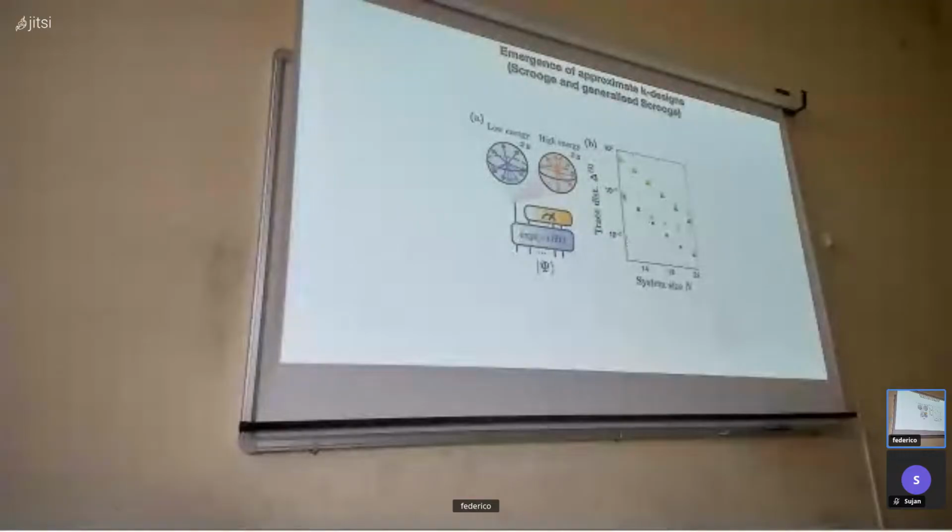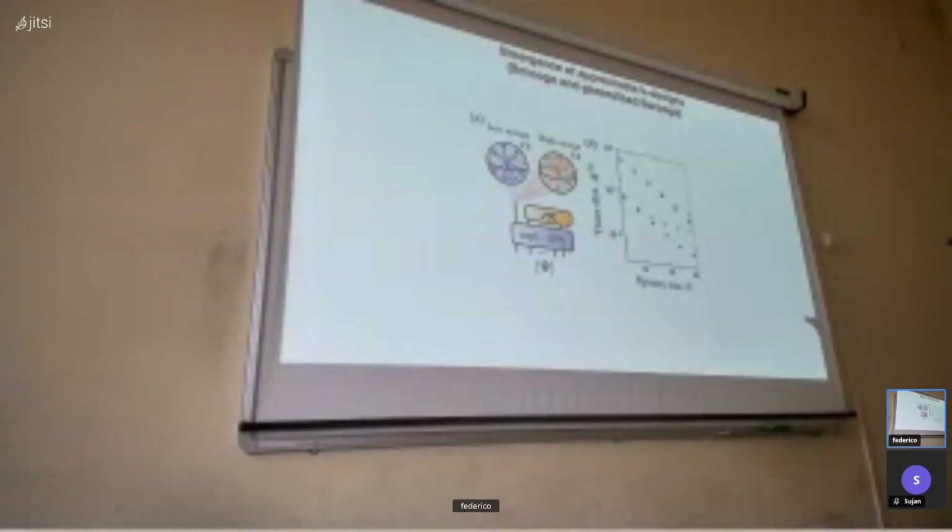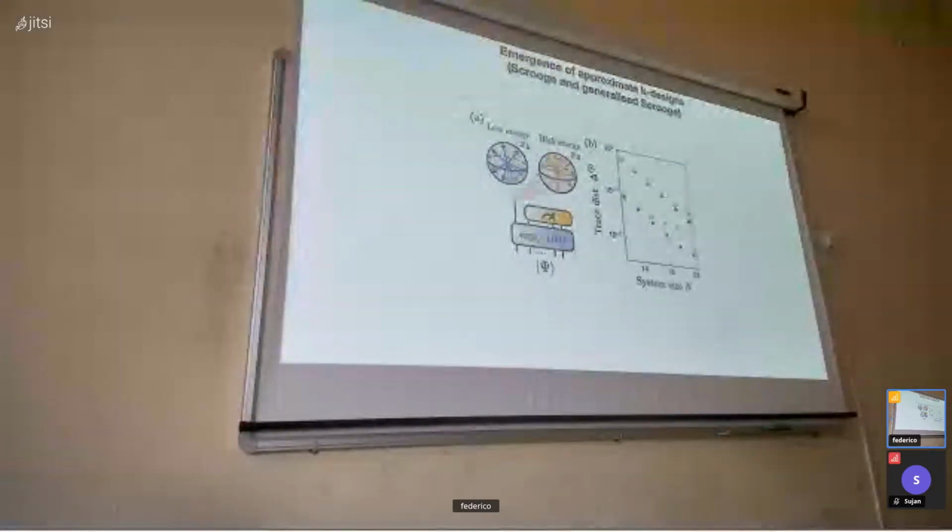Energy referred to this expectation value of the Hamiltonian that I was mentioning before, and the dark lines are the expectation value of the Hamiltonian on the state, while these light lines are the expectation value of the Hamiltonian on the post-measurement conditional state.